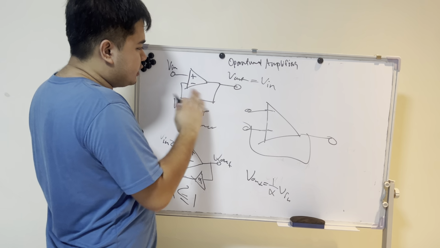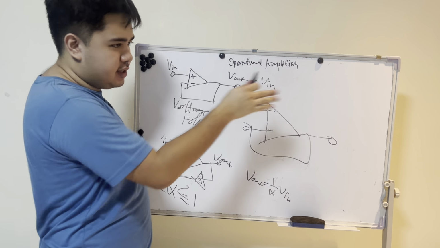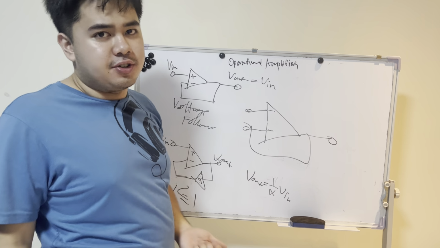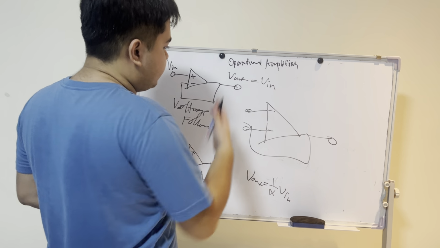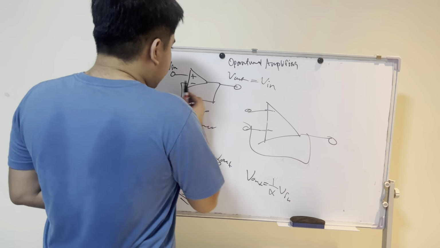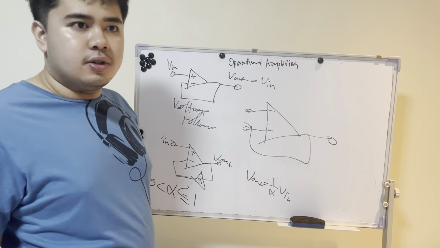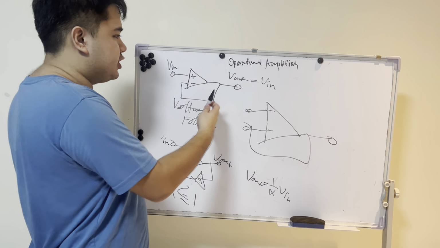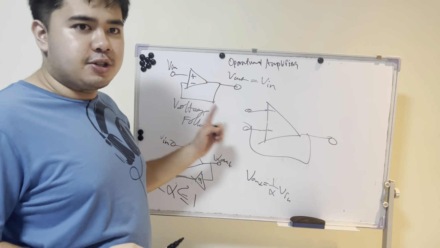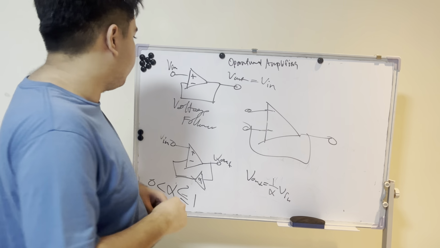So that would mean that without the op-amp, the output has 0 volts. But in here, since there is an op-amp, the output is now equal to the input voltage. So that's cool. There is voltage, but there is no connection. That's what a voltage follower is used for.